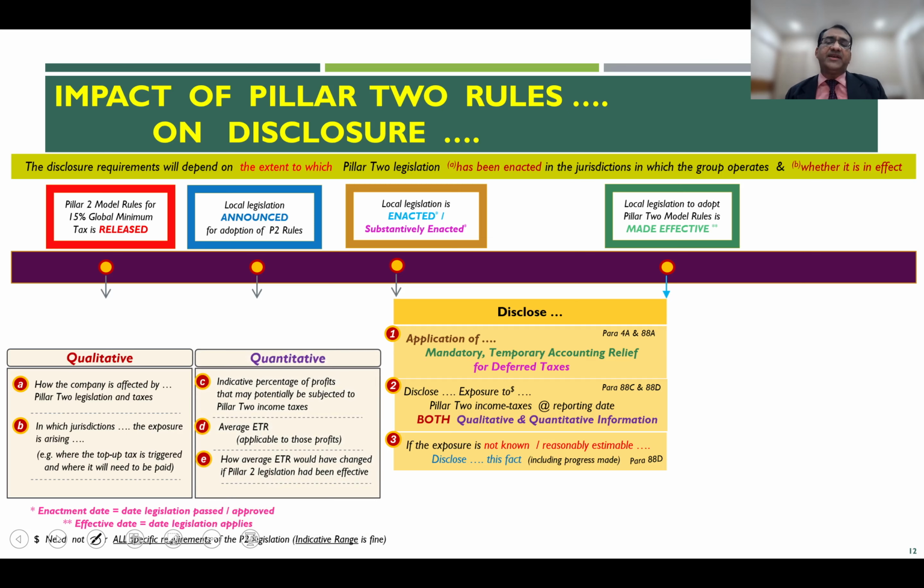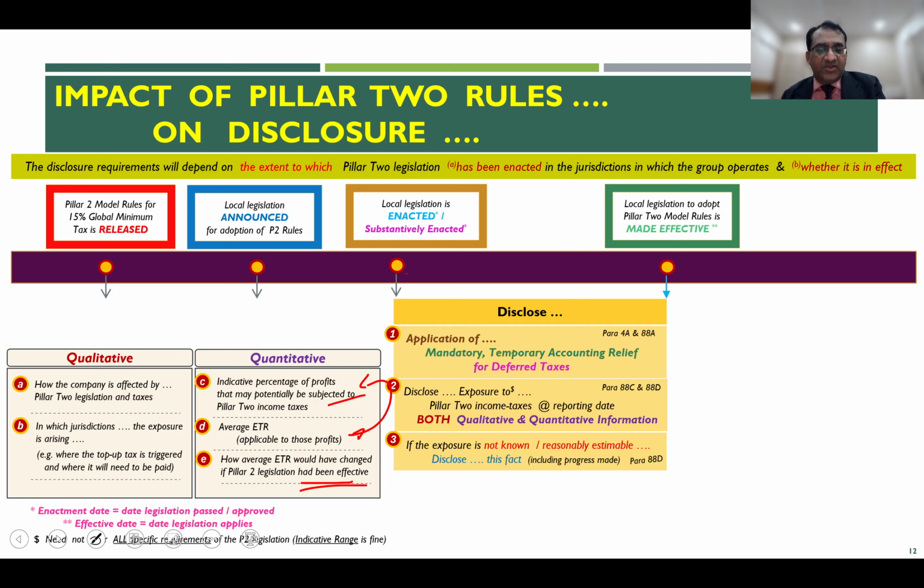When it comes to quantitative, you have to give indicative percentage of profits that may potentially be subjected to Pillar 2 income taxes. Also, what is the average ETR which will be applicable to these profits? And how average ETR would have changed if Pillar 2 legislation would have been effective.